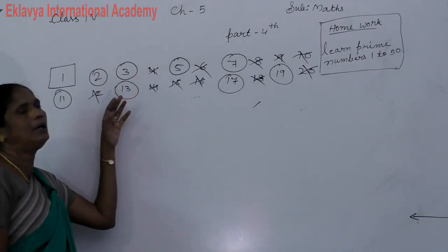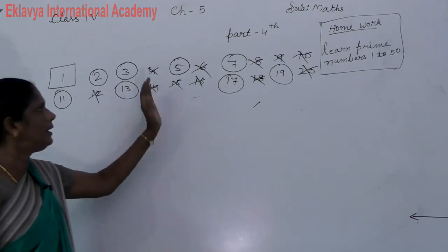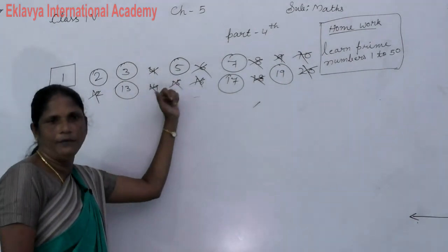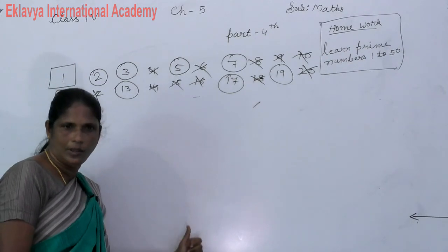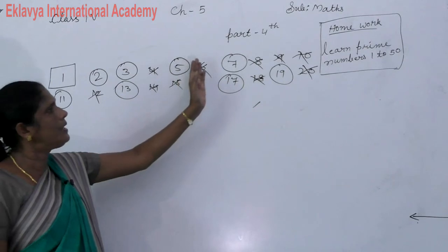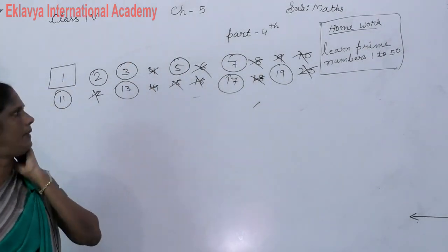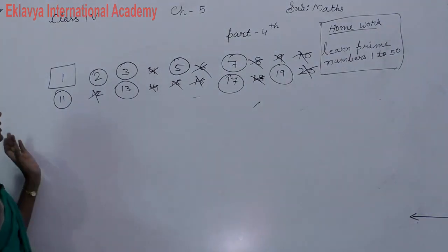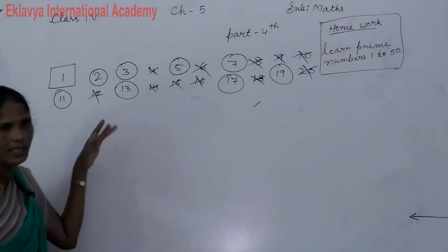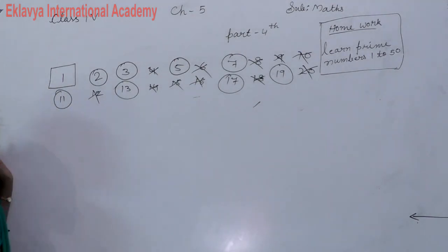Then you cut the table of 3. Third, you circle the 5. Then you cut the table of 5. Then you circle the 7. Then you cut the table of 7. Then the left numbers you circle, that is your prime numbers.